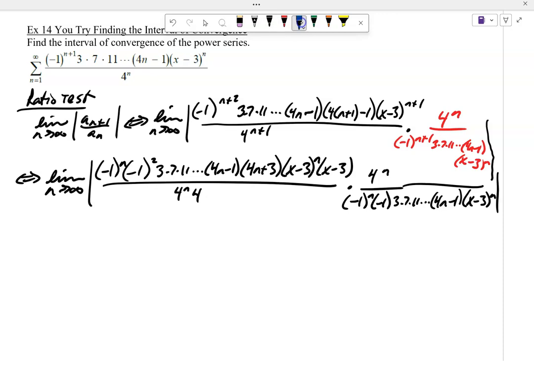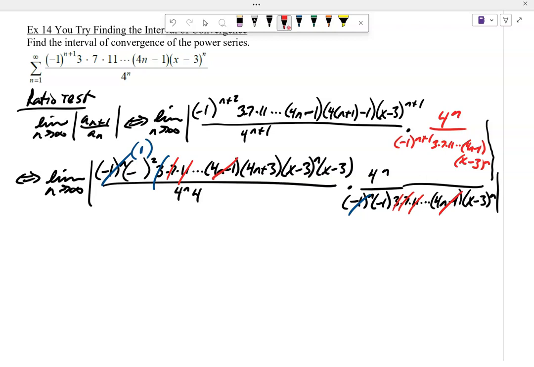And we're going to start canceling. Negative 1 to the n cancels. Negative 1 squared, that's just a positive 1 anyways. My 3 cancels. All these cancel. All the stuff in between up to the 4n minus 1 cancels.